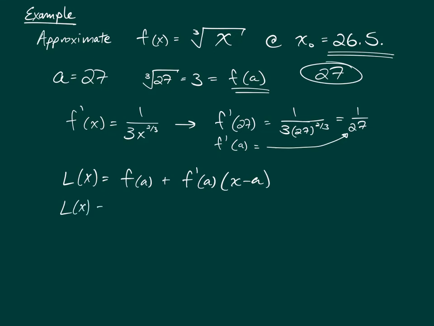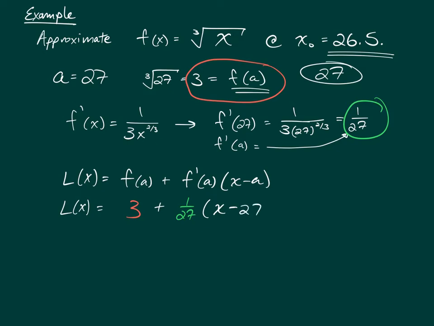L of x equals, f of a is, I'm going to circle it up here, 3 plus f prime of a, right here, 1 over 27 times x minus, what did we pick a to be? A was 27. All right, so there is the linearization of the function.